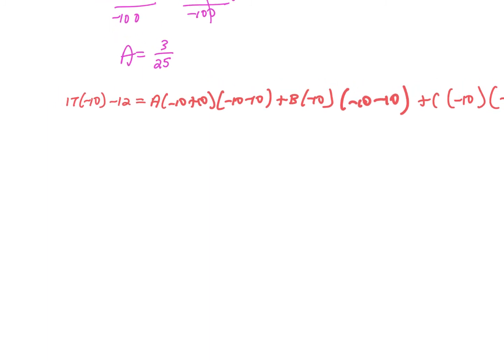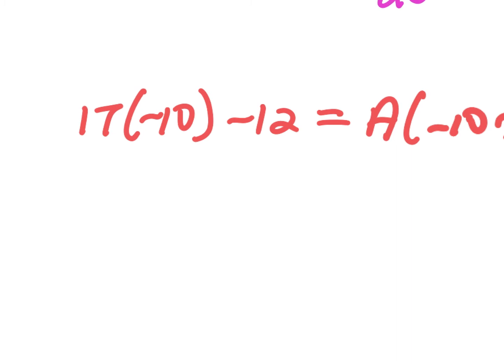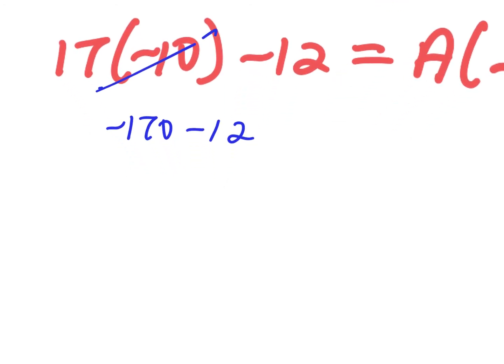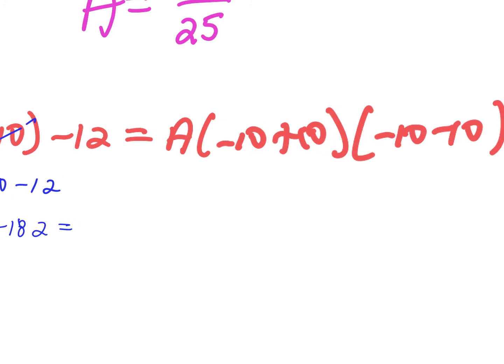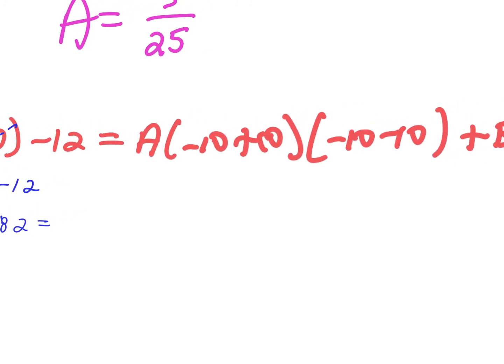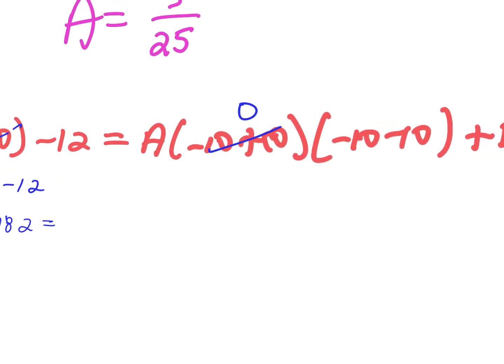What is 17 times negative 10? Negative 170. So I have negative 170 minus 12 gives me negative 182. Okay, fine. Equals. Guys, what's negative 10 plus 10? This is 0, and then this is negative 20.